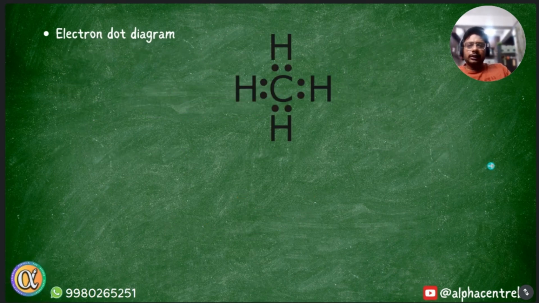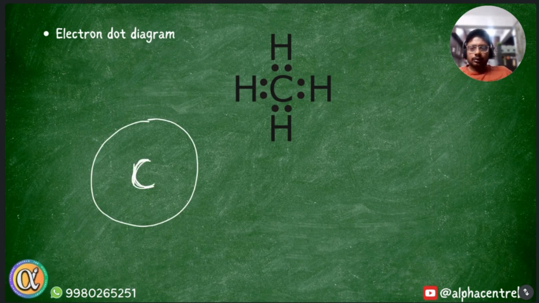Okay, let's move further. This is the electron dot diagram for methane, where carbon is sharing one electron with each hydrogen. In that circular notation, if you want to draw using circles, you can draw it like this. For one atom we can use the X for electrons so you won't get confused.